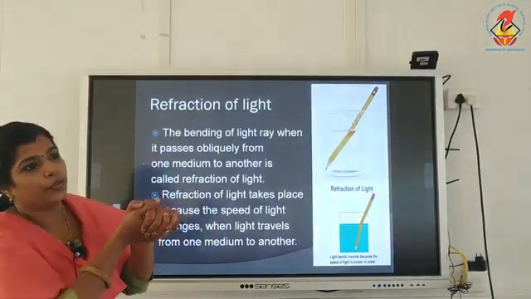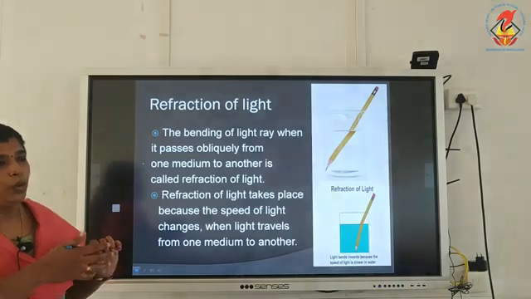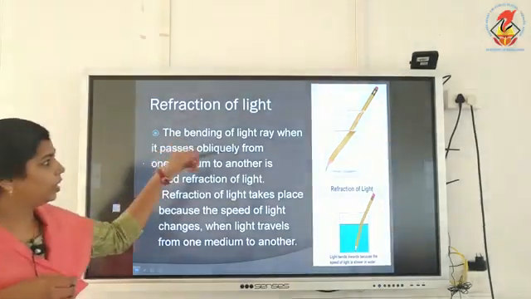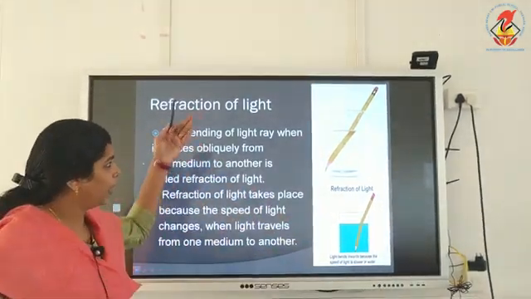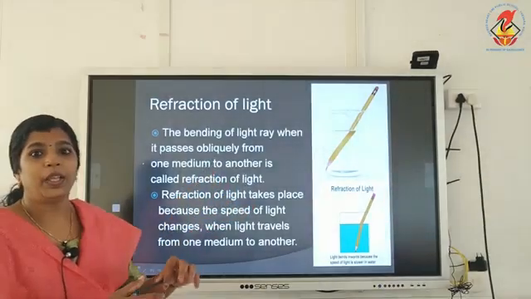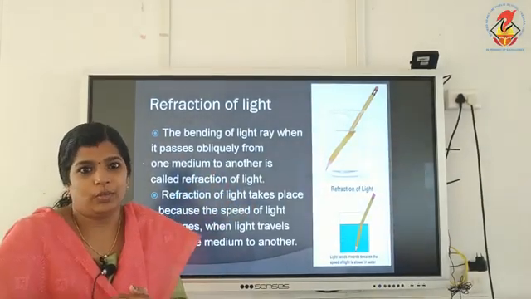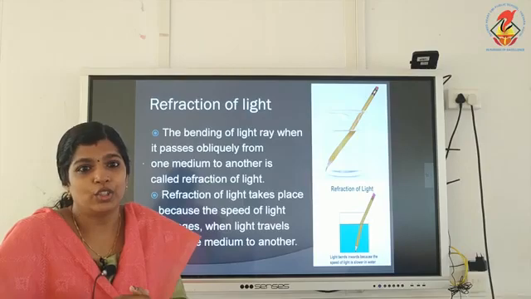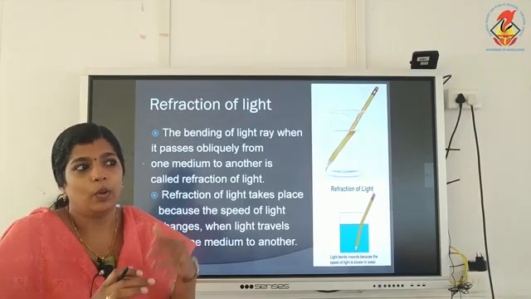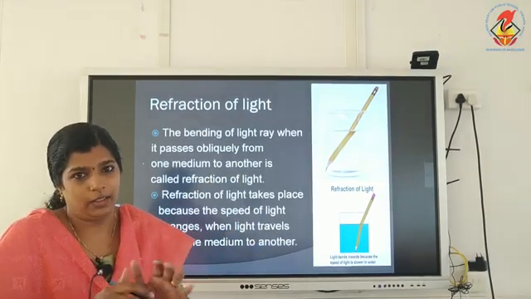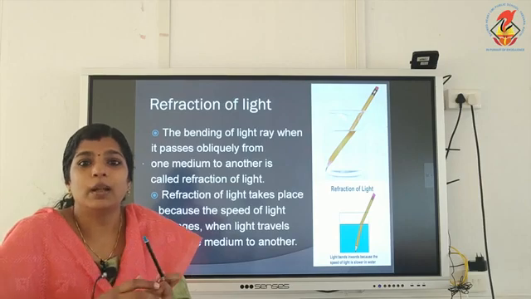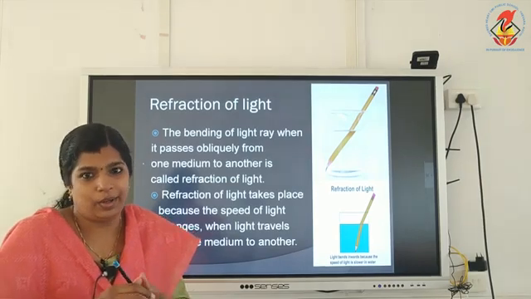Actually, the reason for refraction of light is that when light enters from one medium to another, suppose it travels from air to glass, the speed of the light will change. That is the reason for the bending of the light ray.